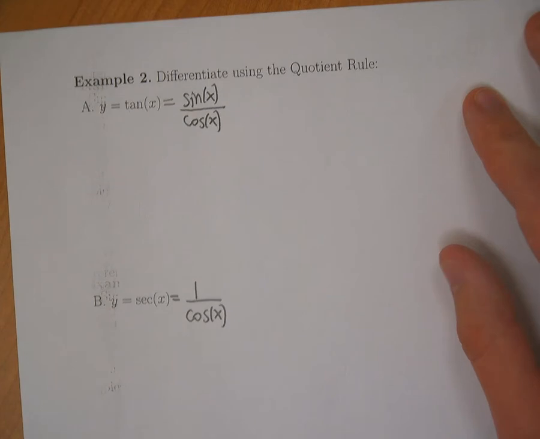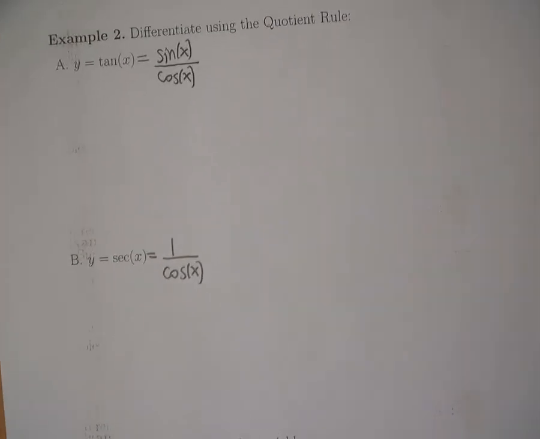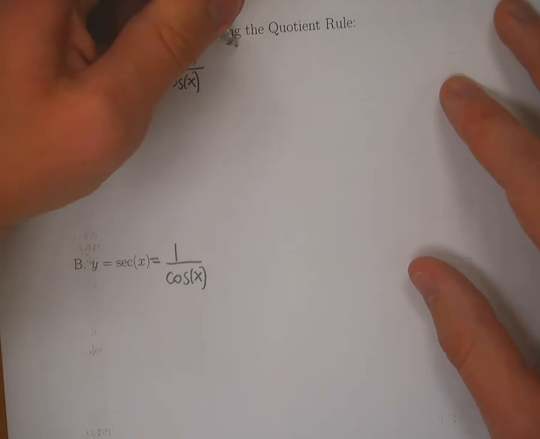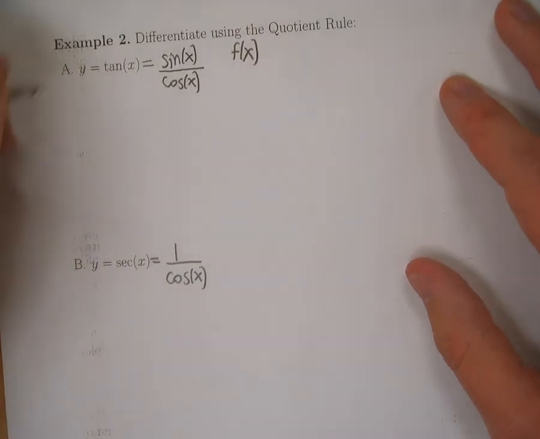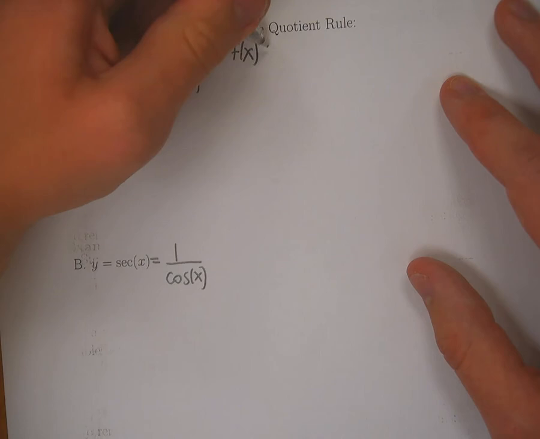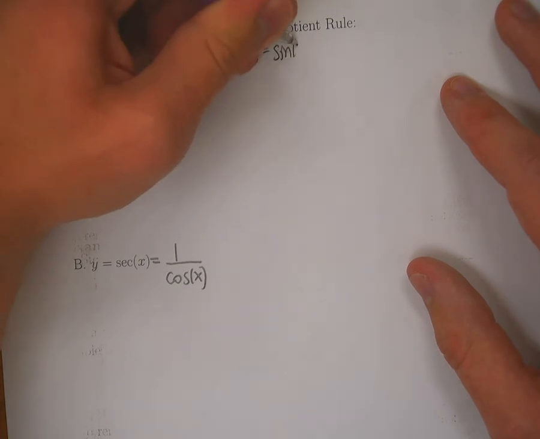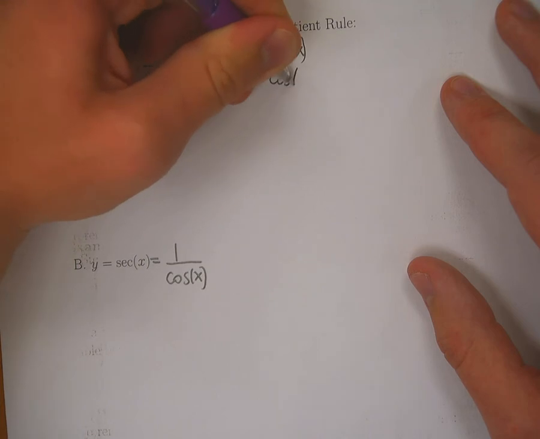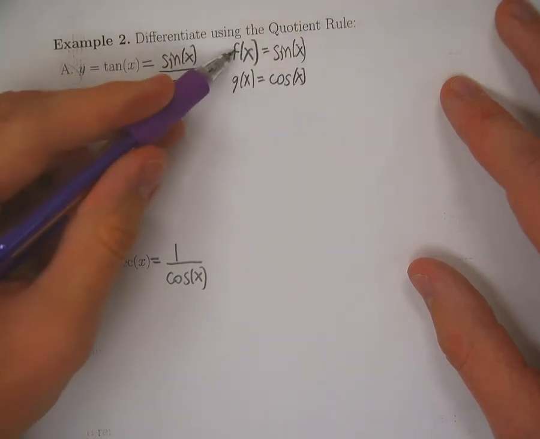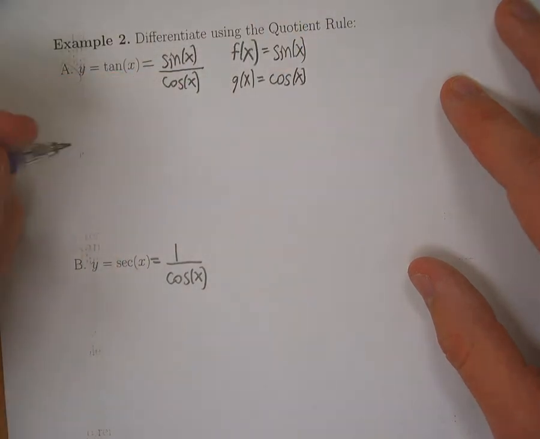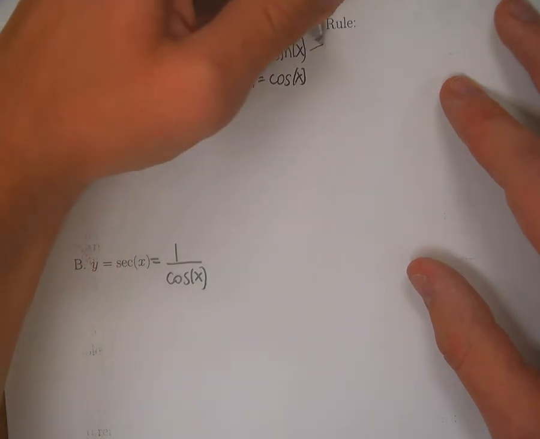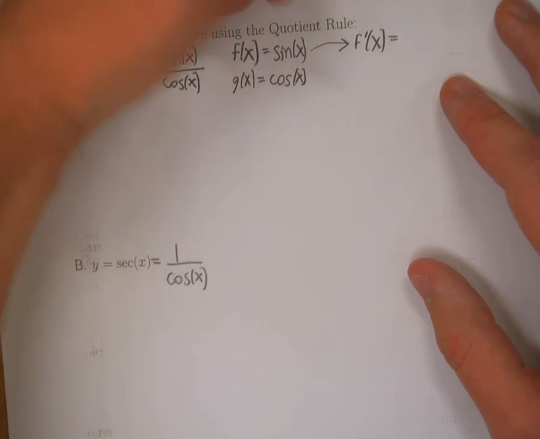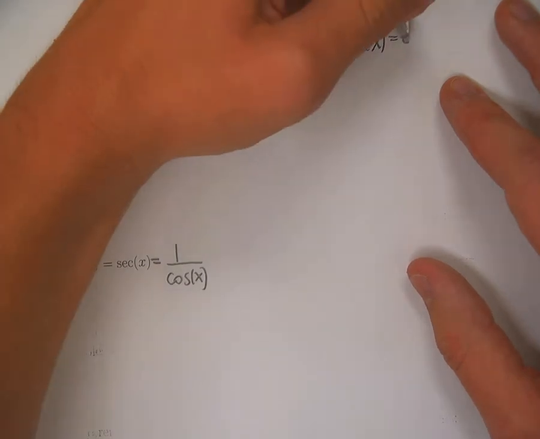Okay. All right. So from this, if we were to use the quotient rule, let's start with part A first. So if f of x equals the sine of x, and g of x equals cosine of x, just letting f be the numerator, g be the denominator. So as we established at the start of class, f prime of x is just cosine of x.